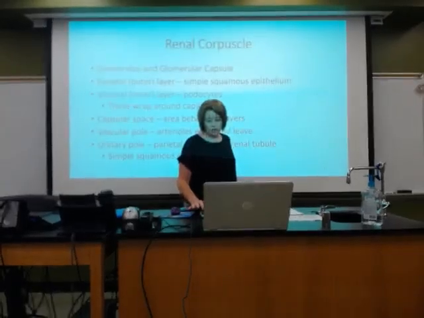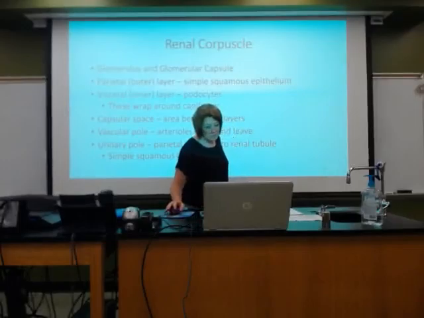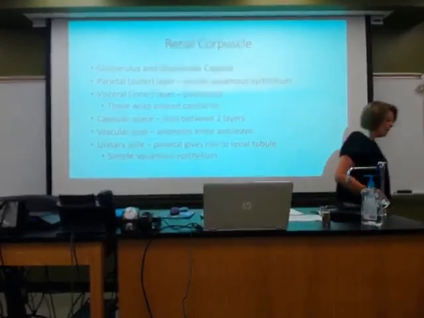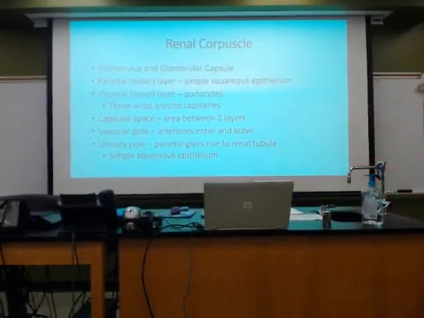About the renal corpuscle. The renal corpuscle is going to have that area, the glomerulus, and we're going to hit our loop, okay? The glomerulus is going to be the area that the blood is going to enter and the blood is going to exit.